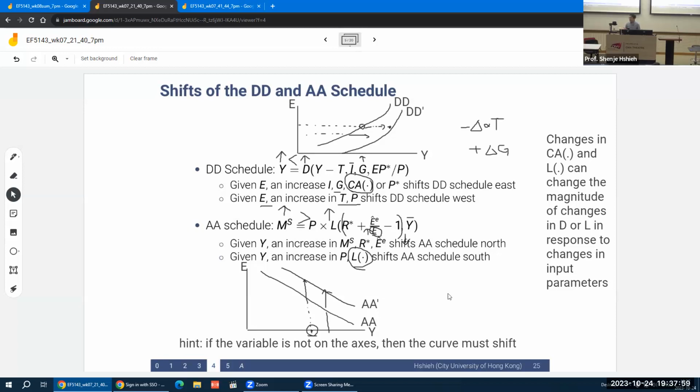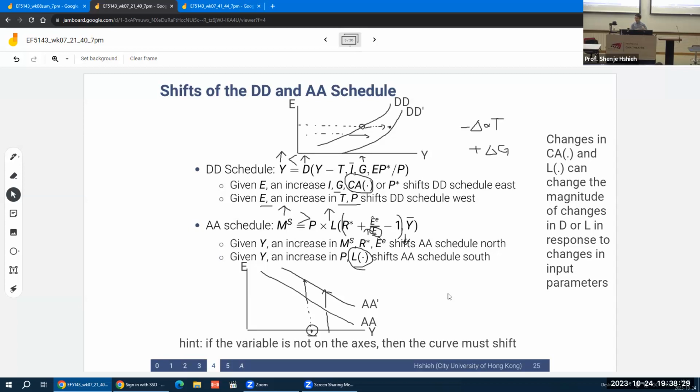Comments, questions on how to shift the AA and DD schedules? That explanation should already give you a starting point to think about how to understand fiscal and monetary policy from the perspective of the AA and DD schedules, right? Everything is just the same underneath the hood. Behind the scenes, it's just like the examples you did with E versus R, and you should convince yourself that that's what's underneath the model.